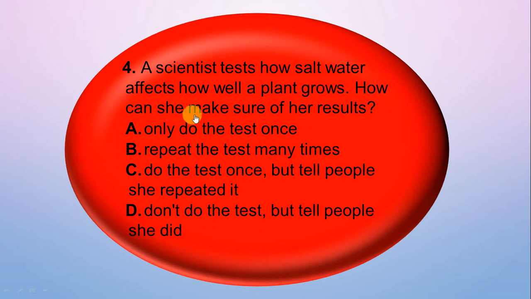How can she make sure of her results? Only do the test once, or repeat the test many times, or do the test once but tell people she repeated it, or don't do the test but tell people she did. Come on. Excellent. Repeat the test many times to make sure of the results.